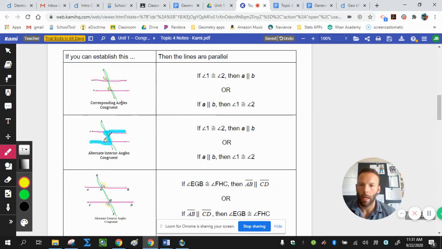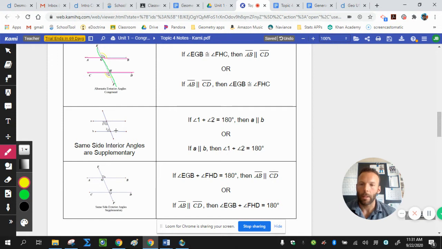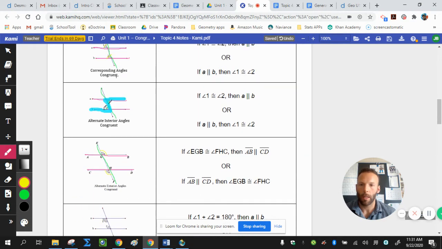So we have corresponding, we have alternate interior and alternate exterior, and now the same side interior and exterior angles have a little bit different relationship. For the corresponding, the alternate interior, alternate exterior, the relationship is the angles are congruent if the lines are parallel.